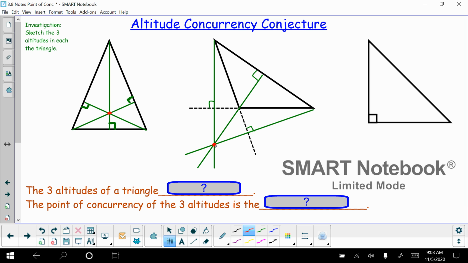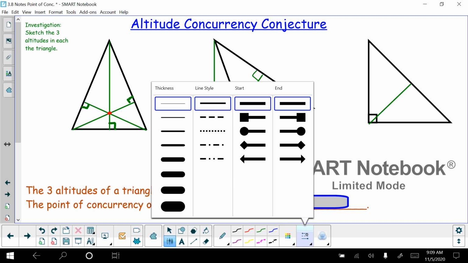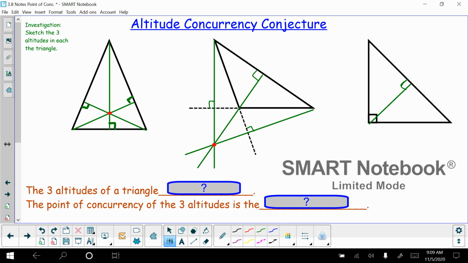And then this last one, let's sketch this last one out. So if I go from the vertex to here, there's my right angle. So 90-degree angle. And then from this vertex, here's where it gets a little odd. And some students kind of don't understand this. It comes from the vertex. And to be perpendicular to the opposite side is just going straight down.